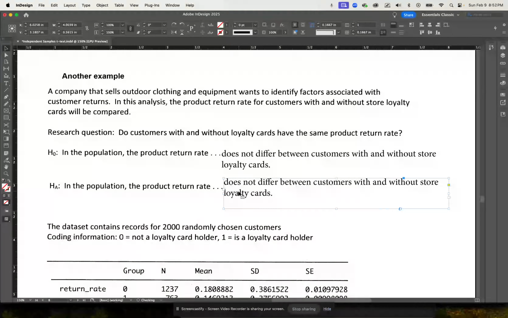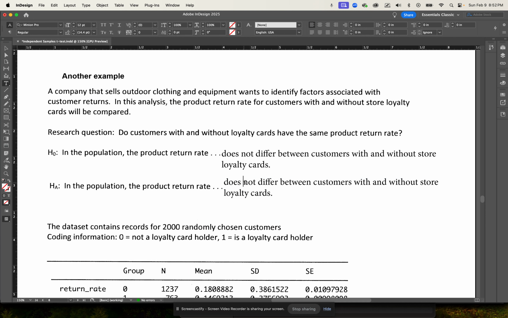And then our alternative hypothesis would say it does differ between customers with and without store loyalty cards.